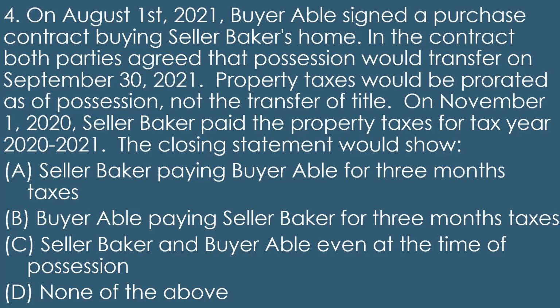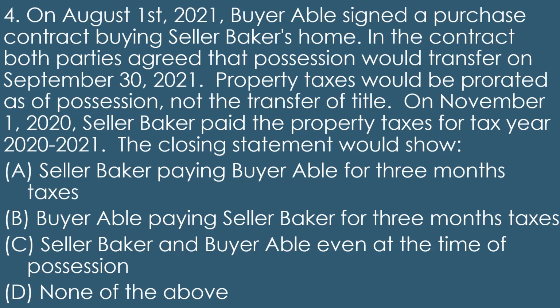And remember also to further explain this question, it says on November 1st, 2020, Seller Baker paid the property taxes for the tax year of 2020 to 2021. Remember, the first installment is due November 1st and delinquent December 10th. You could pay just for the first installment or you could pay the entire property taxes.